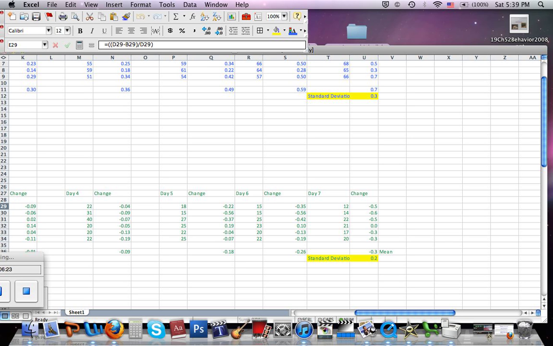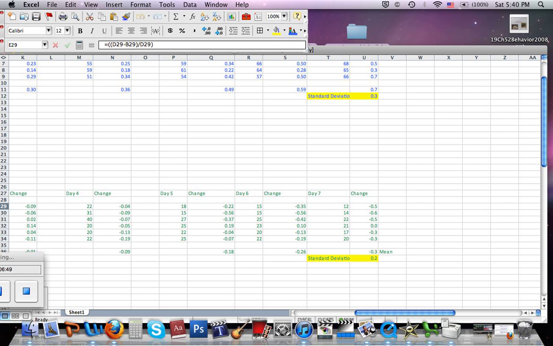If you take a look at your means, let's come up first with the difference between the means. The difference between 0.7 and negative 0.3 is 1.